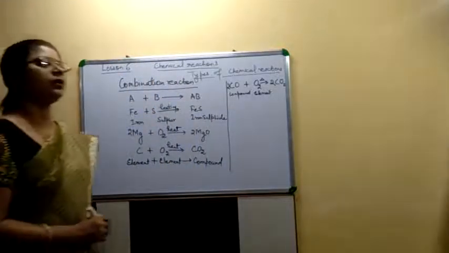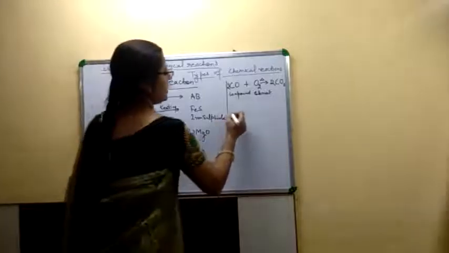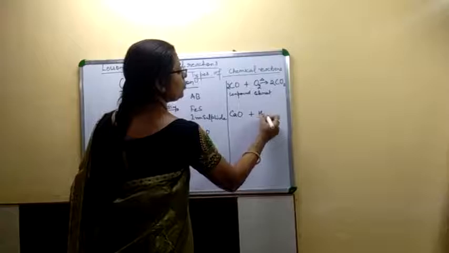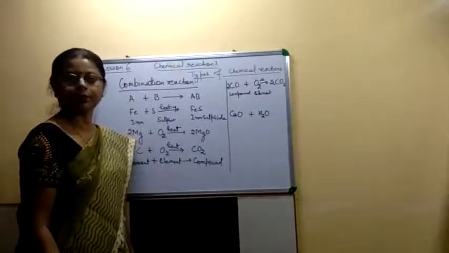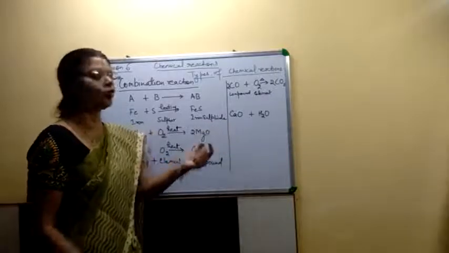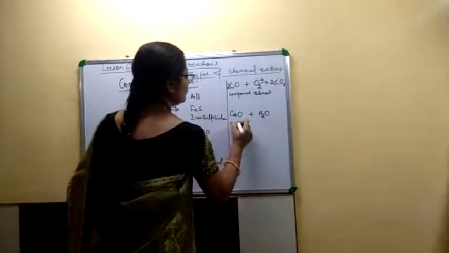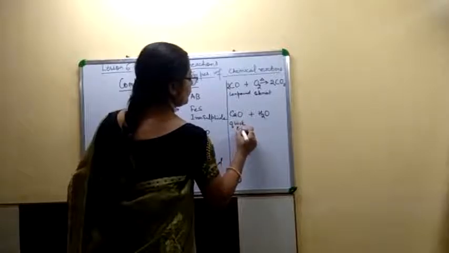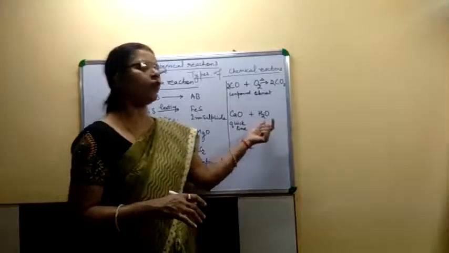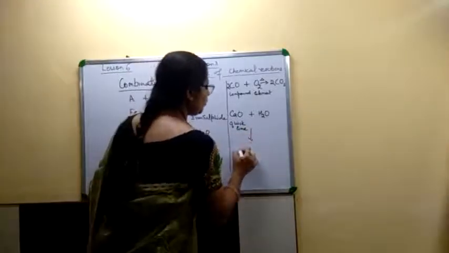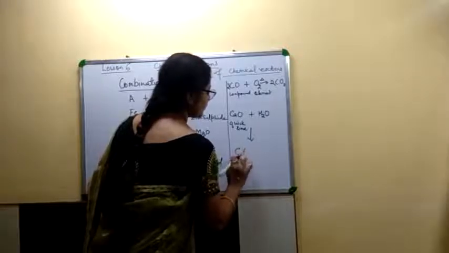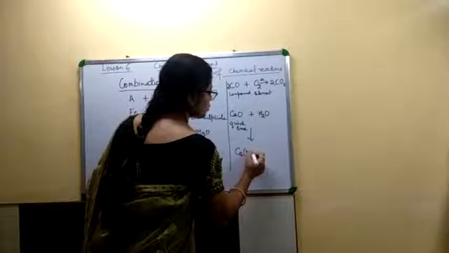Next example, compound and compound. Calcium oxide is a compound. It reacts with water molecule H2O, which is also a compound. Calcium oxide is also known as quicklime. When we dissolve the lime in water, it will form calcium hydroxide, Ca(OH)2.